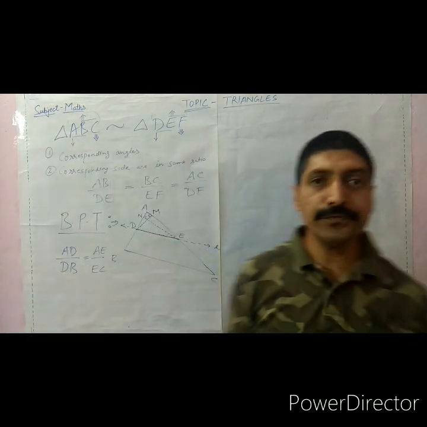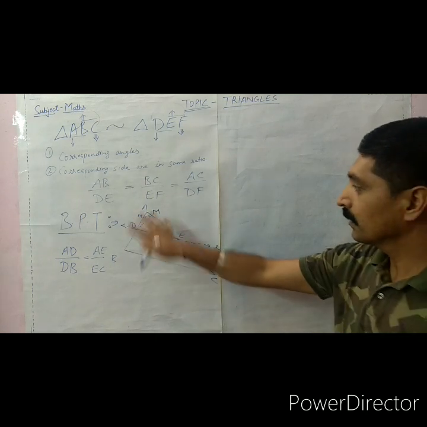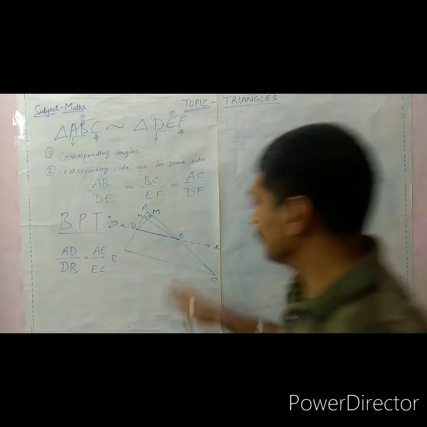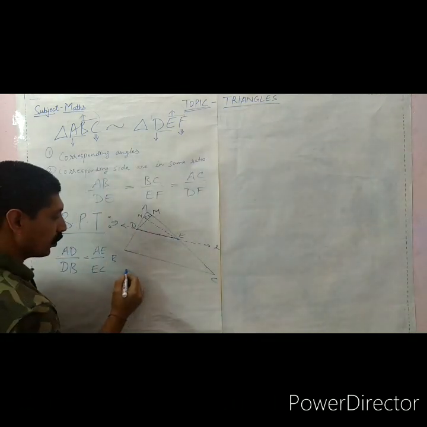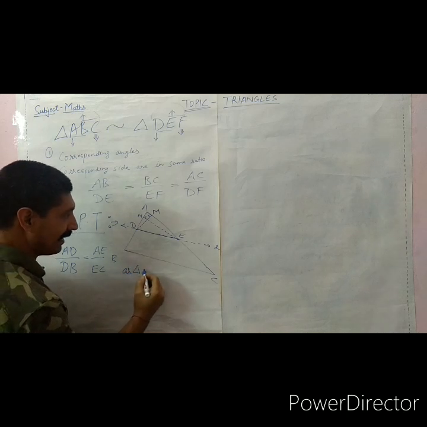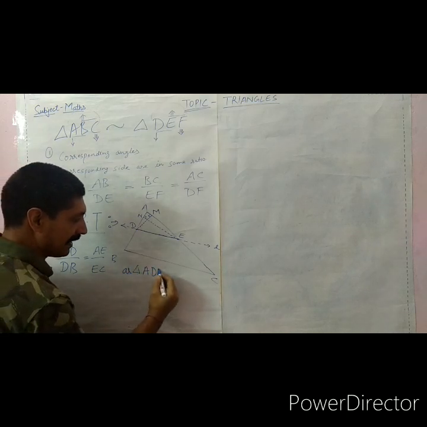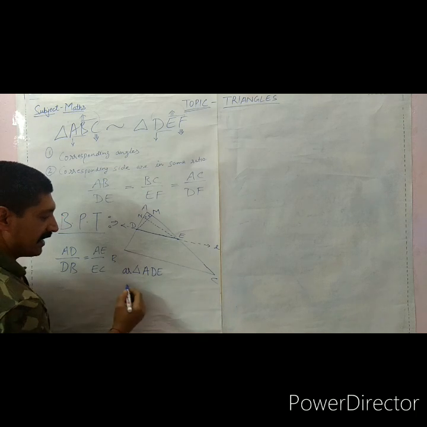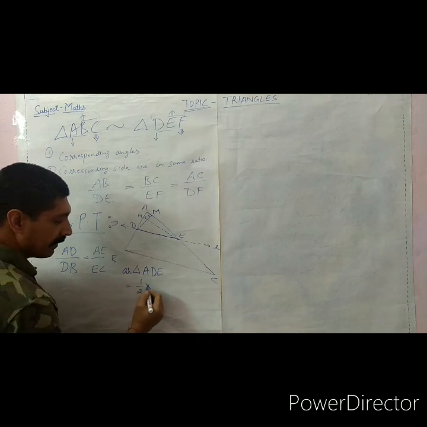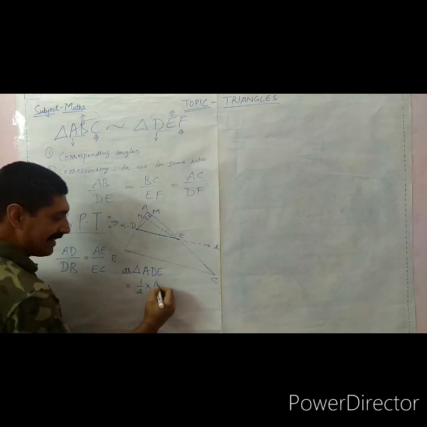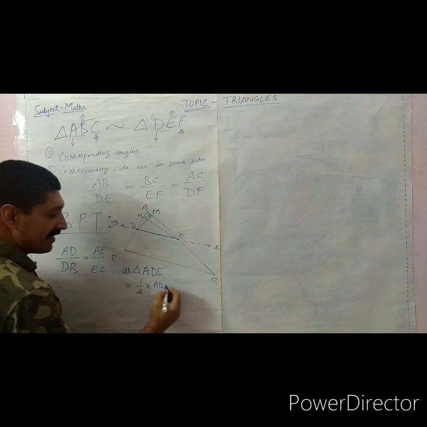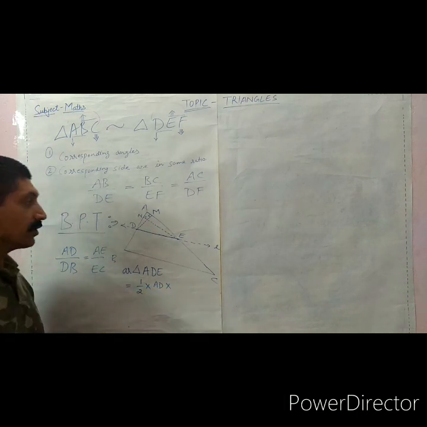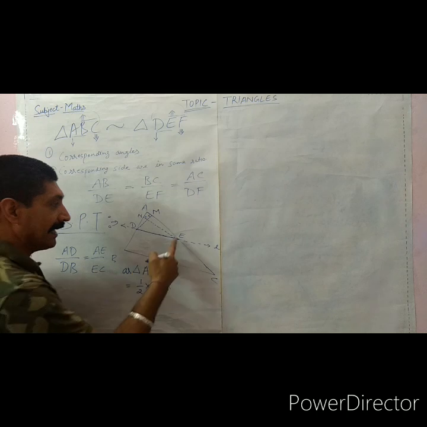So in our first equation, we find the area of the triangle in two ways. Area of triangle ADE: we know area is half, when we take the base AD, then its corresponding altitude is EN.